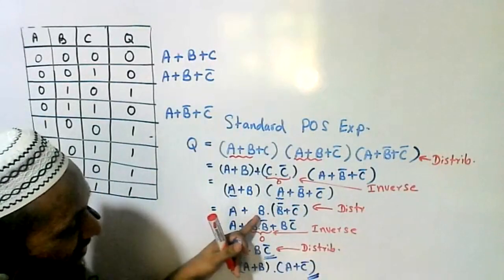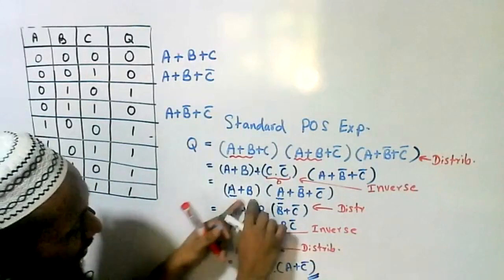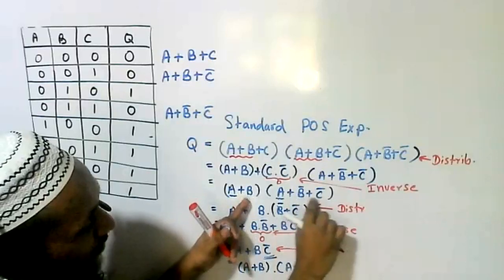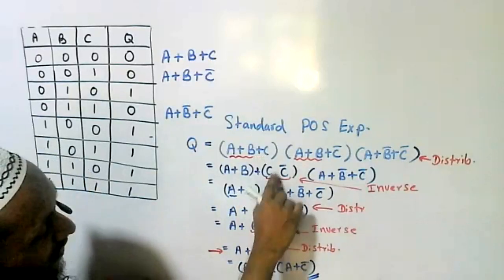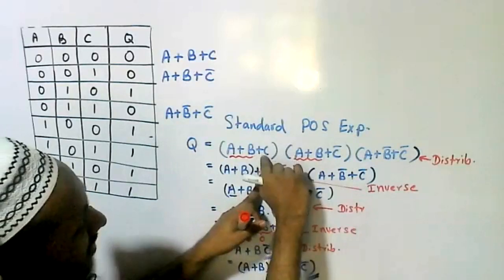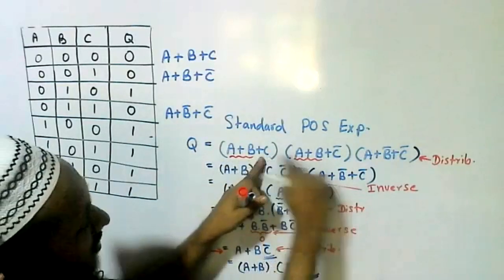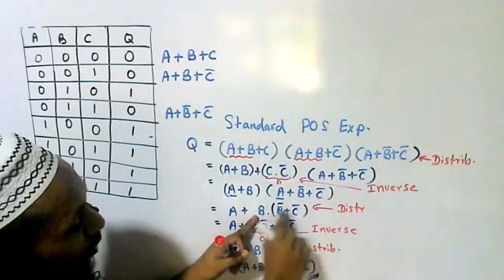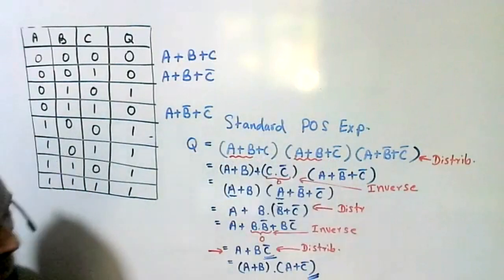Clear? Okay. A common, B plus B into B bar plus C bar. As here only C into C bar is there, because AB is common, C into C bar. So here only A is common, so B into B bar plus C bar. Is it clear?